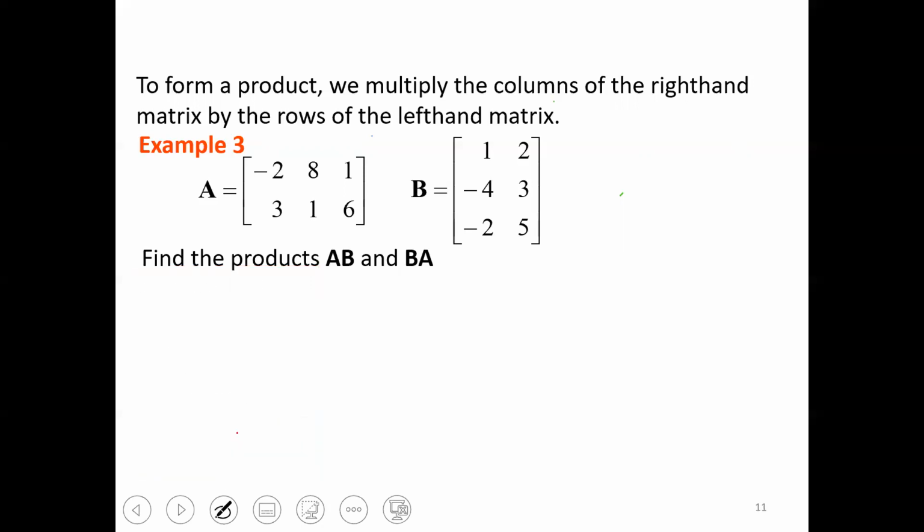To multiply, we start with the row from A and multiply this row by this column from B. I will show you now.